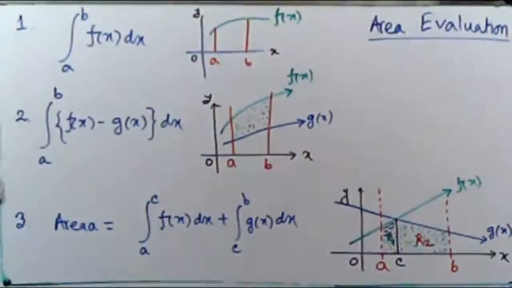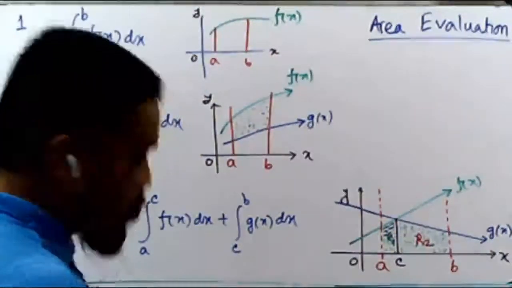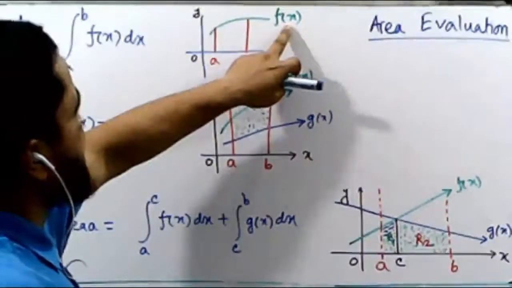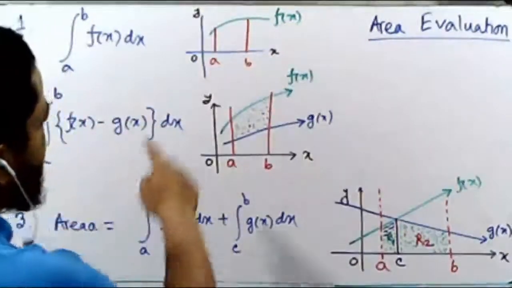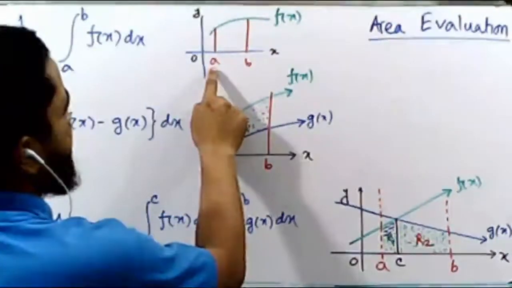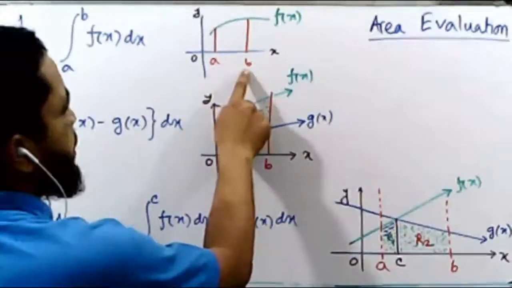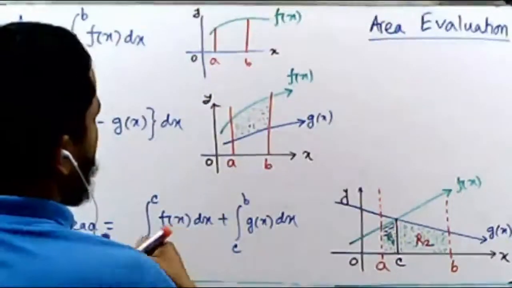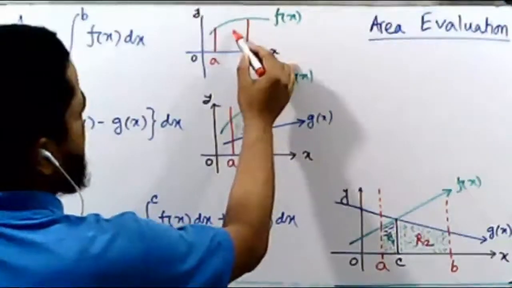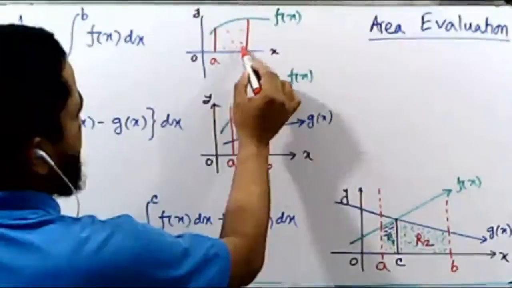Dear students, if any function f of x is defined like this curve and under the limit from x equals to a to b, then if we calculate area, we will get this region.